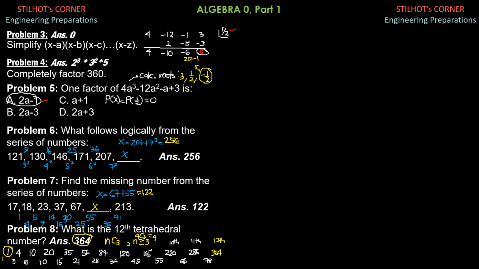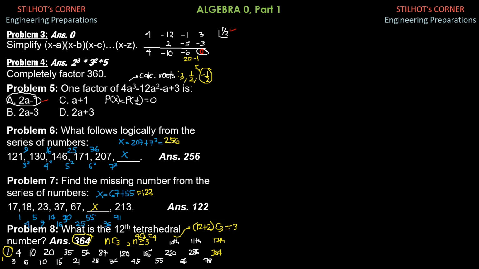Therefore, the general formula is n, which is 12, plus 2, because for the first number, for example, 1, it is 1 plus 2, 3 combination 3 is 1. So for the 12th tetrahedral number, 12 plus 2, that's 14 combination 3, and we'll get 364.